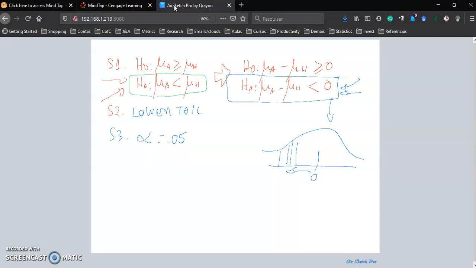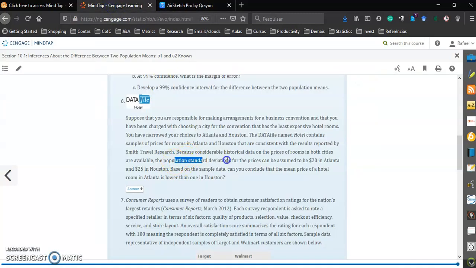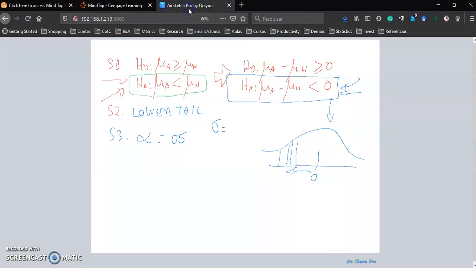I know that the population standard deviation is 20 in Atlanta, and the standard deviation in Houston is 25.